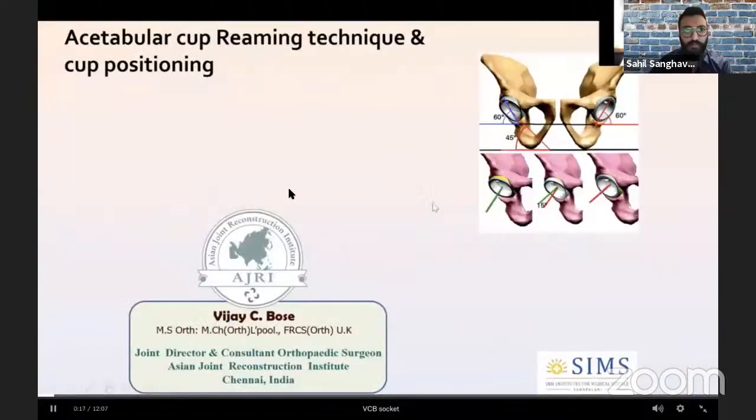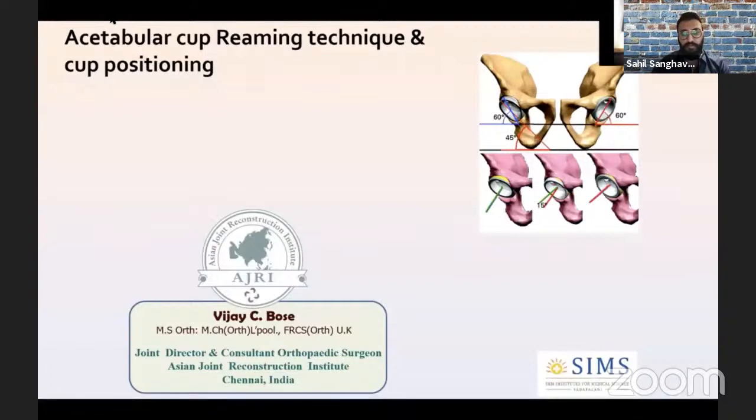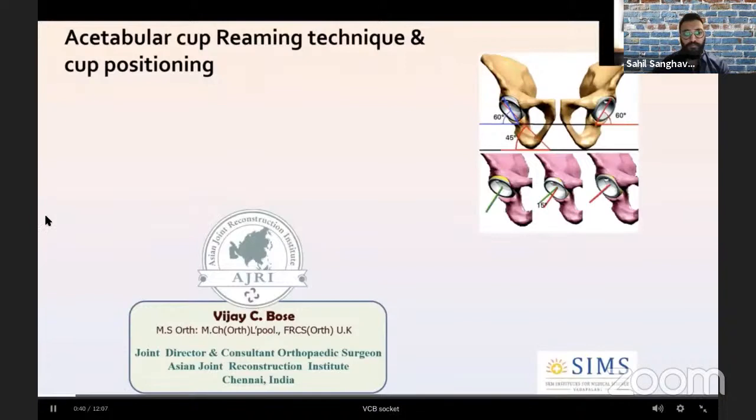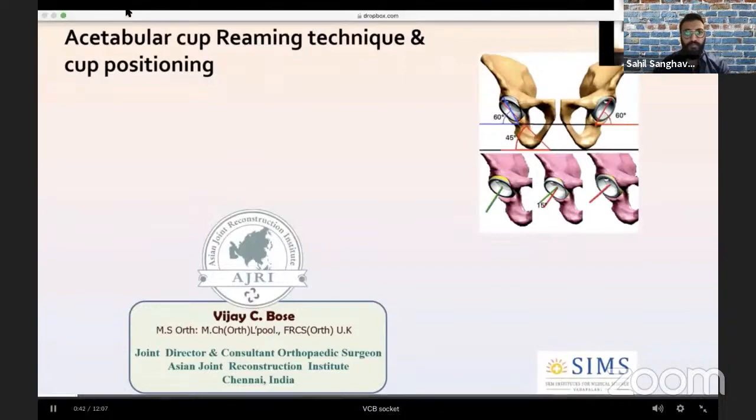Good evening. Firstly, my thanks to Mahesh and Sahil for inviting me for this program. It's always a great pleasure and honor for me to be part of Maharashtra Orthopedic Association proceedings, and greetings from Chennai. So my topic today is acetabular cup reaming technique and cup positioning. So I understand that this is meant for primary hip arthroplasty, and so I'll stick to very much basics.